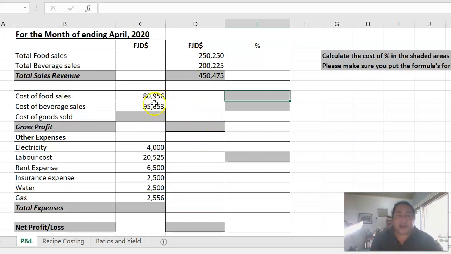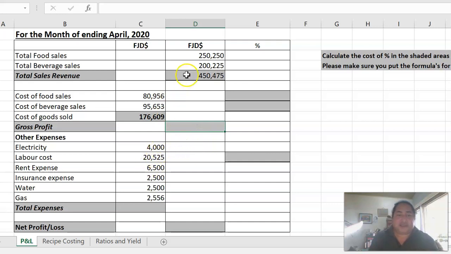But before we do that, we can also add this one: cost of food sales plus cost of beverage sales, and that gives you a total. So we go equals, that cell C9 plus C10, enter, and that's the amount we get. How do we get this amount?